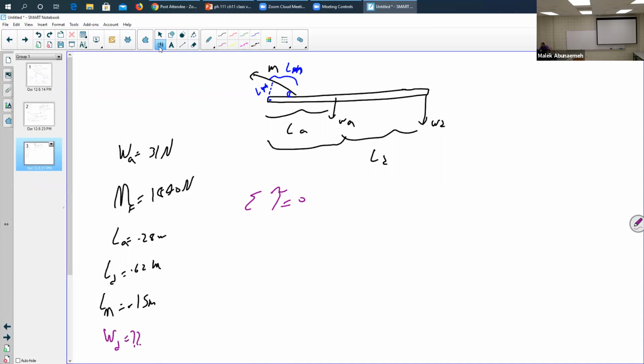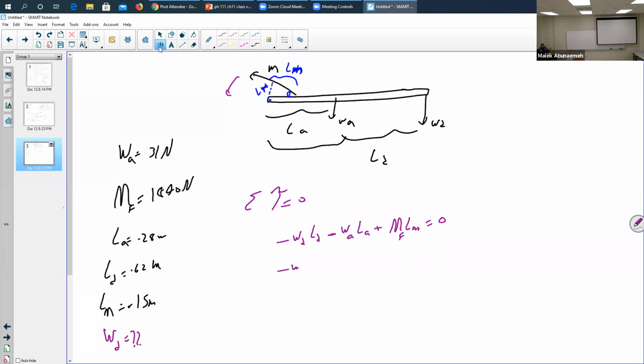We have minus, this is going counterclockwise, so we're minus WD multiplied by LD, minus the weight of the arm multiplied by the length of the arm. And this one is going clockwise, so this is gonna be plus big M force multiplied by the length for M, and it's gonna have to equal 0.